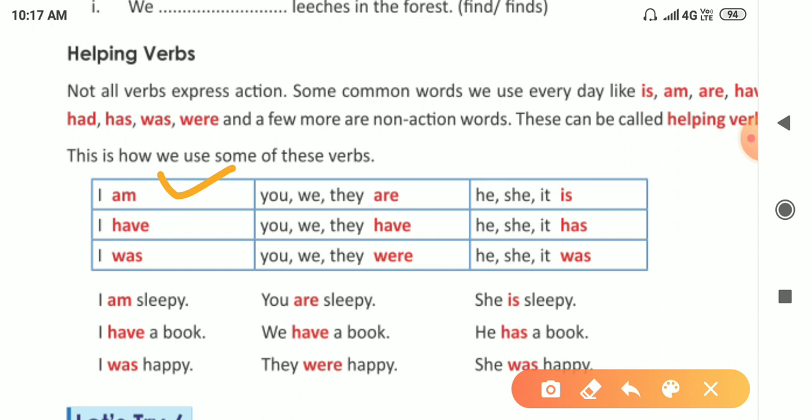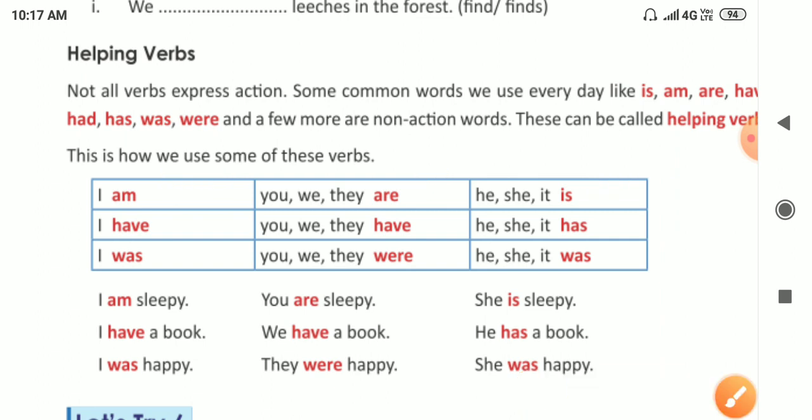Whenever we are using you, we, they, these are the plurals, so we will use are with them. And he, she, it, that means singular, so we will use is. We will use is with the singular, are with the plural, and am with the I.